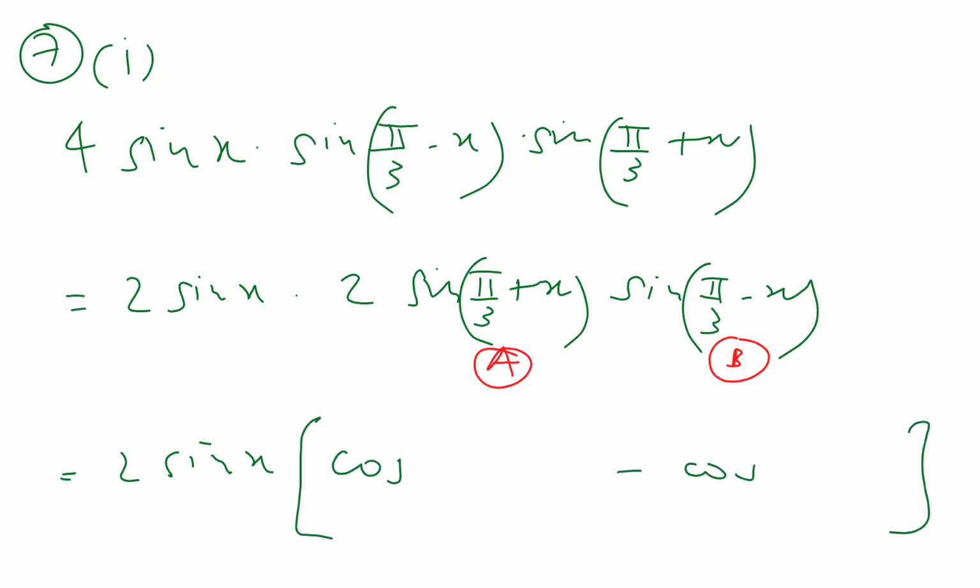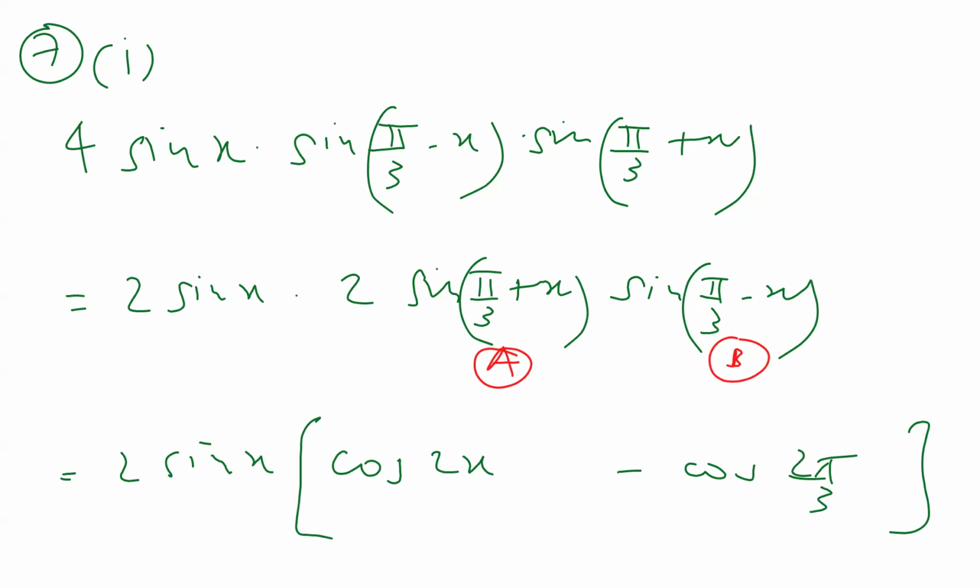Cos minus cos, A plus B. So this is 2 pi by 3, and first it is A minus B. 2 sin A sin B is A minus B first, so this will be 2x, and then A plus B, 2 pi by 3.